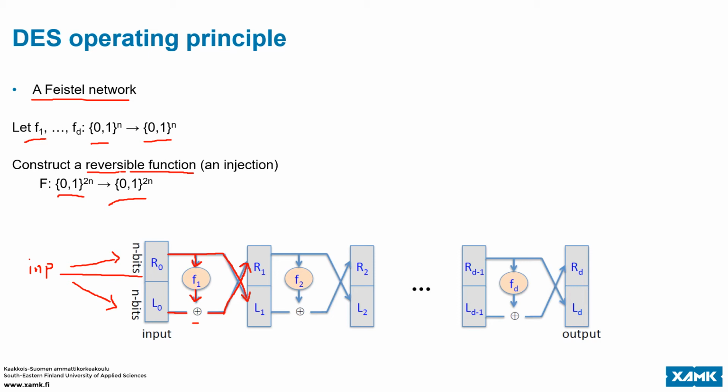And then we simply repeat this process for some number of steps, depending on what our reversible function depends on. Anyway, this is the general idea of how a Feistel network consisting of Feistel functions would work.